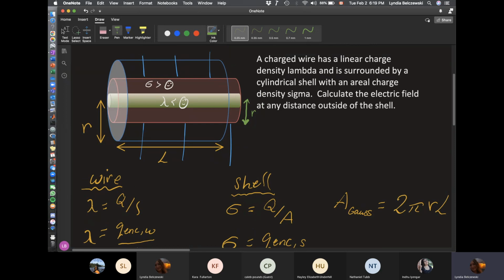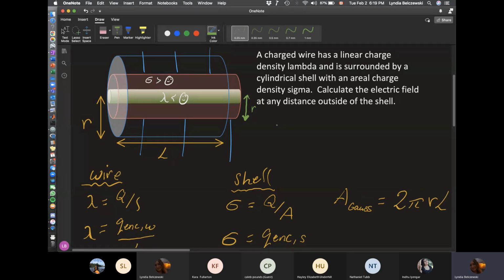We want to calculate the electric field at any distance from the shell, so any point outside of the shell, which means we need a variable that can be any distance outside of the shell.